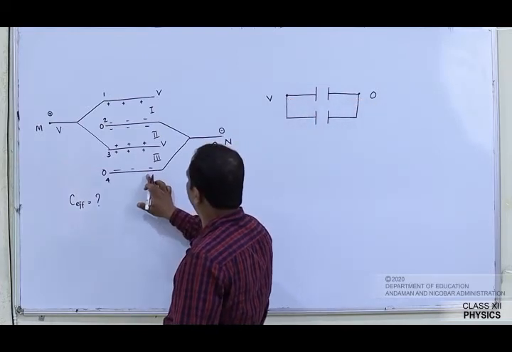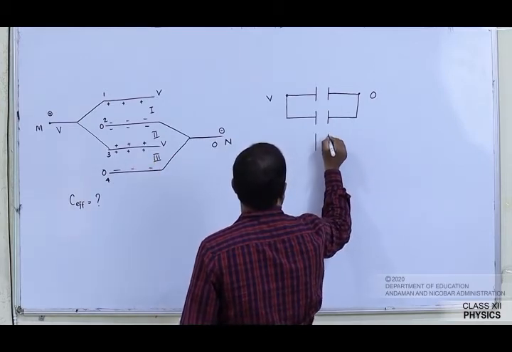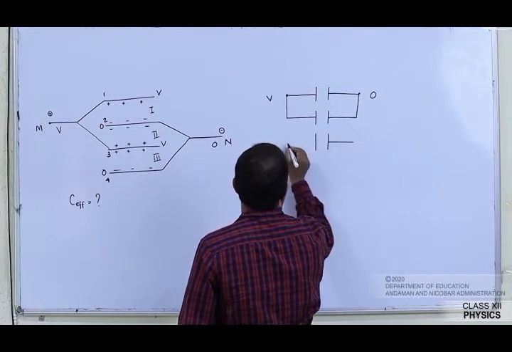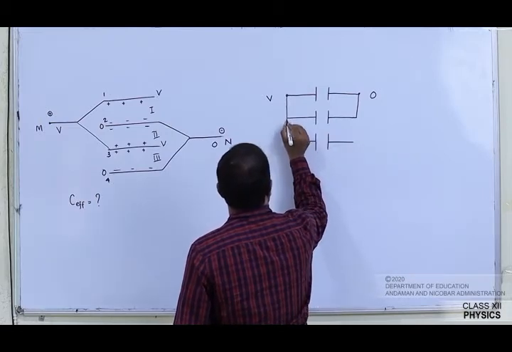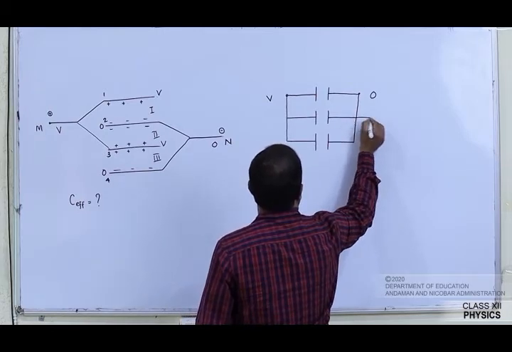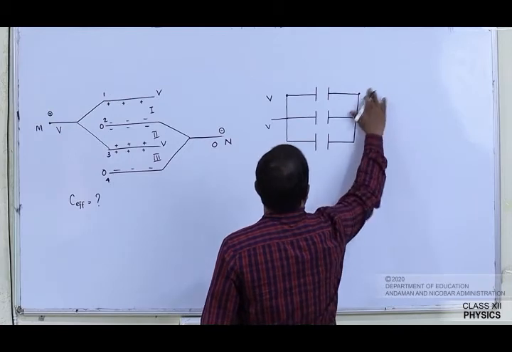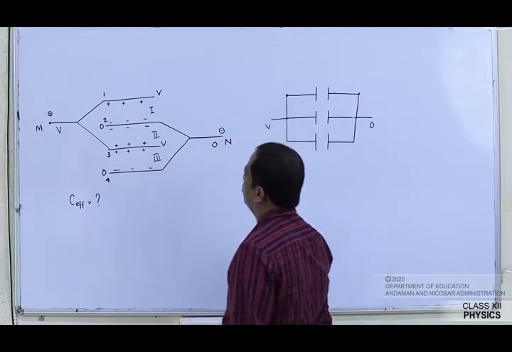Third, one plate is connected to negative, the other one is connected to positive. So this way. But does it mean that the way I have connected is right?